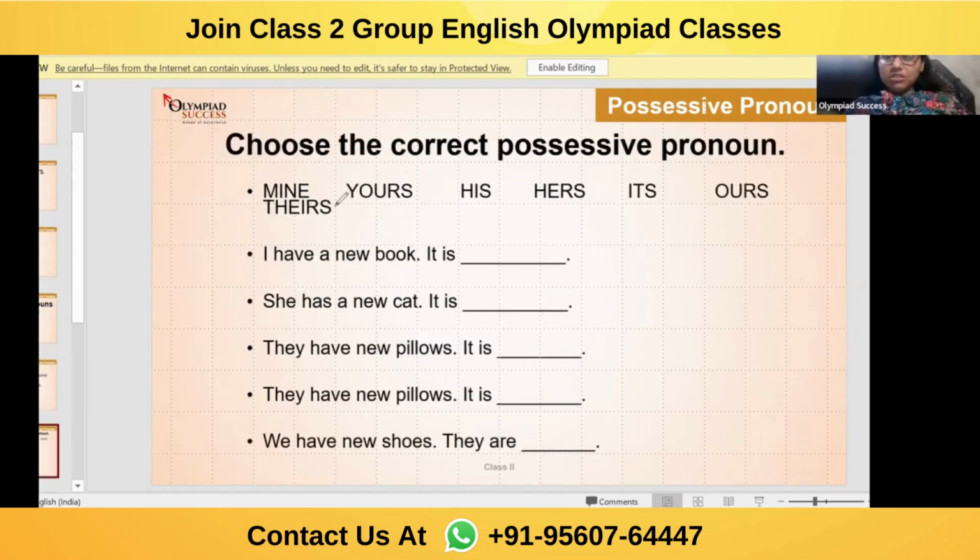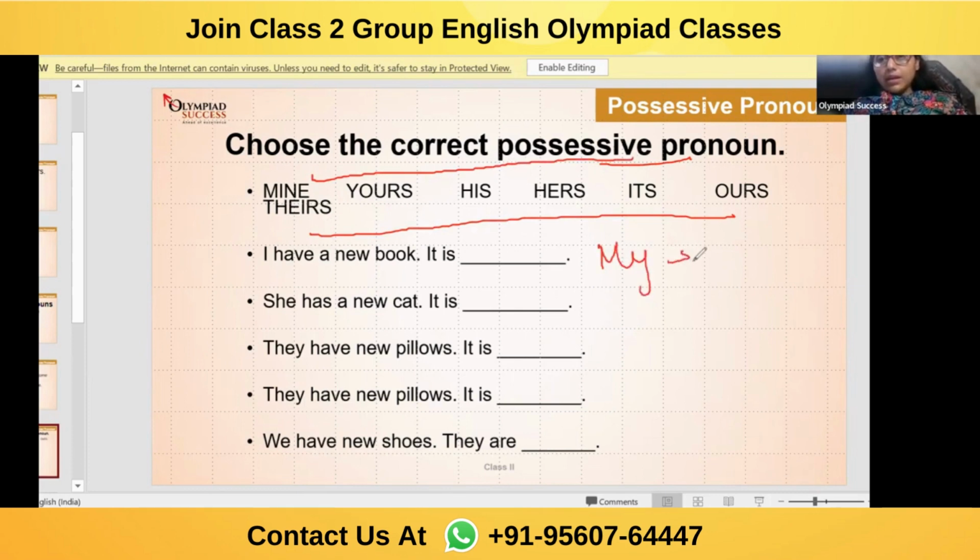We are learning something. So choose the correct possessive pronoun. I'll call out your names one by one and you have to tell me the correct possessive pronoun. You have options: mine, yours, his, hers, its, ours, theirs. My possessive pronoun is mine. Your is yours.